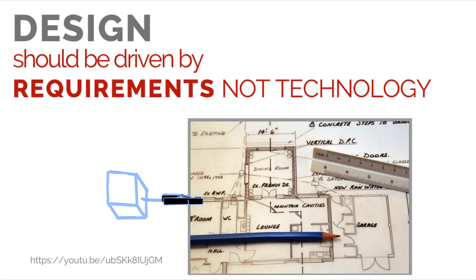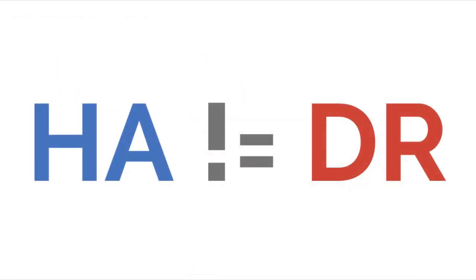Now, because availability groups can be used as both a high availability and disaster recovery solution, it's important to go back into the business requirements and understand: do we want to build this just as a high availability solution?